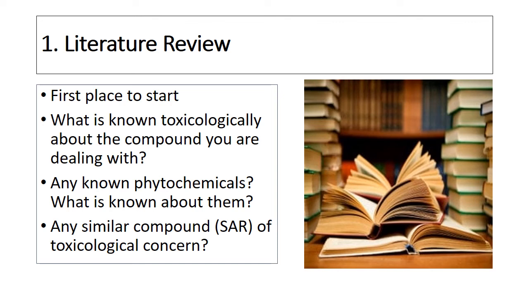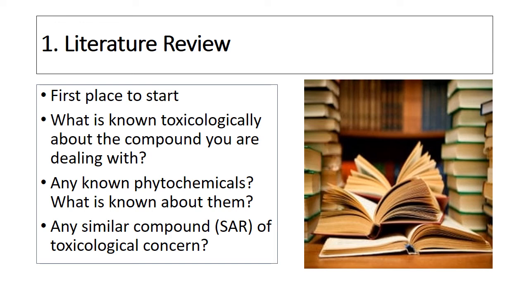Have any phytoconstituents been extracted? Has any toxicological work been done on those? And you will find that if work has actually been done and there's sufficient data to demonstrate safety in preclinical animal studies of the compound that you're dealing with, then it may not be necessary for you to do your own toxicity studies per se.